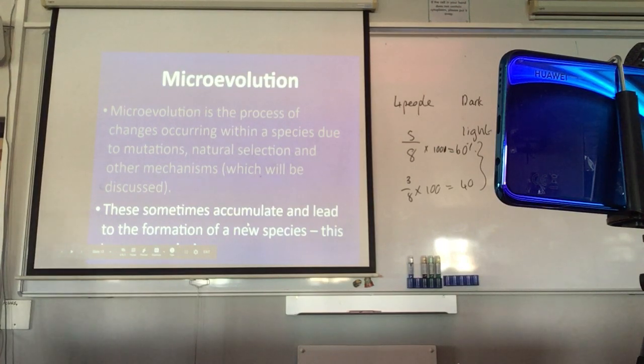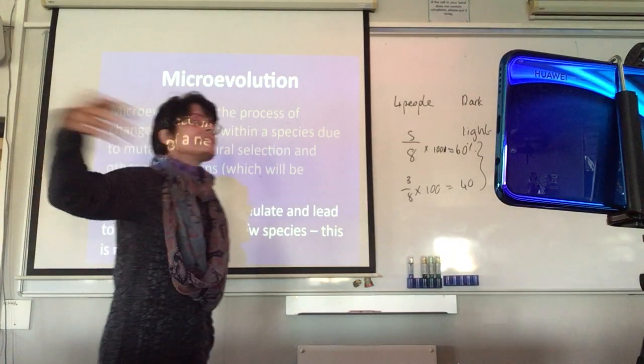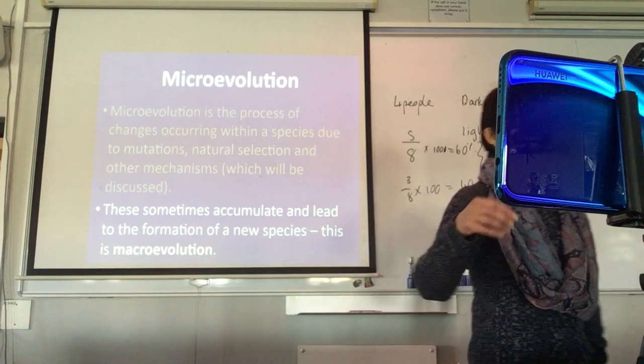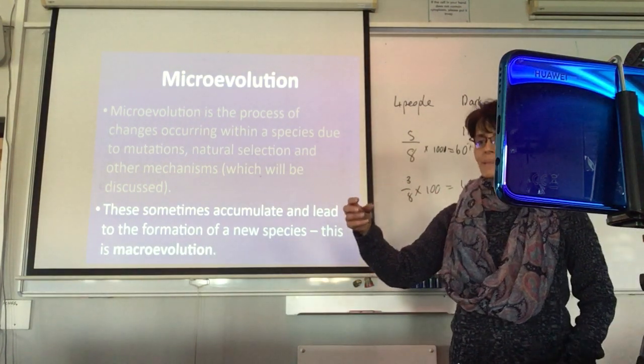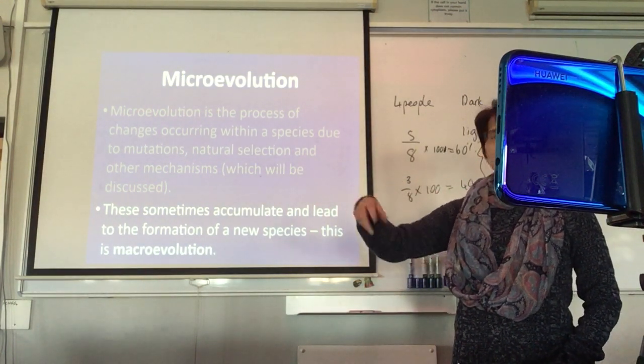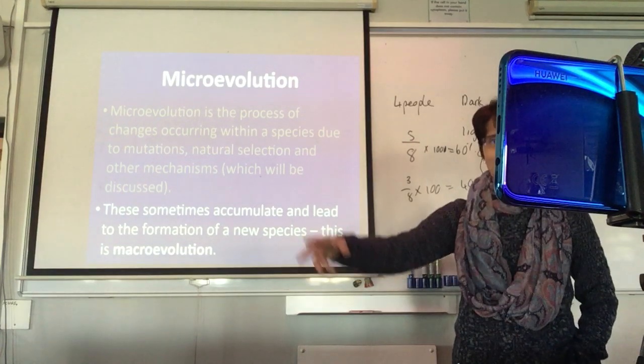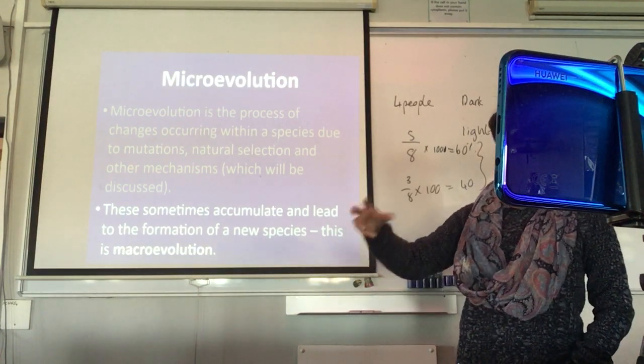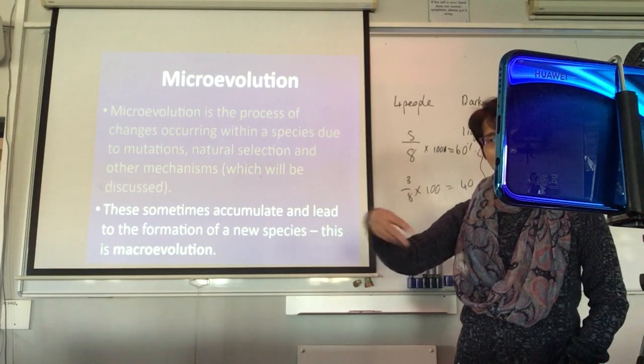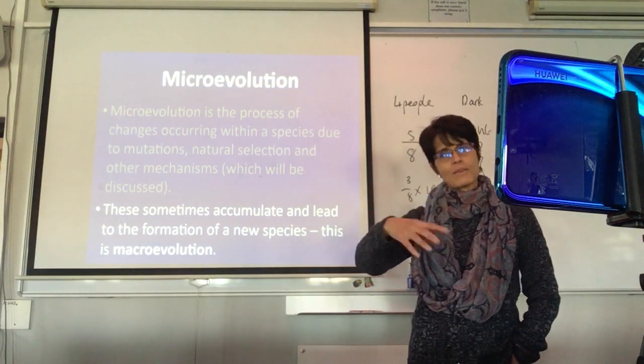Now, if you're thinking of all the cheetahs in Africa, and there was a mutation for a cheetah to be faster, and then other cheetahs passed on that gene, because the gene needs to be heritable. It's got to be passed from parent to offspring.